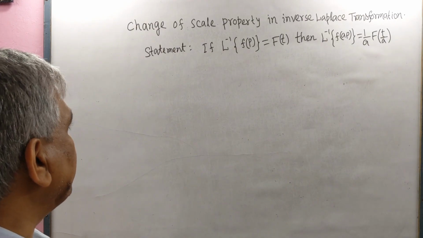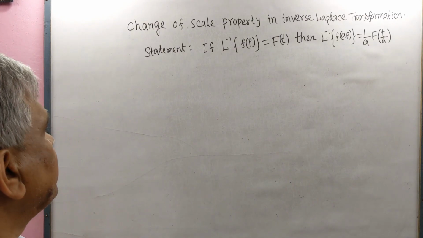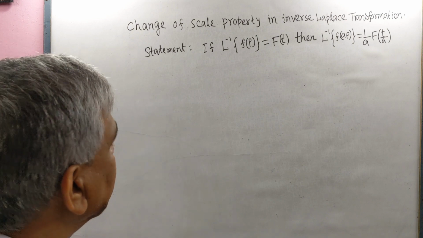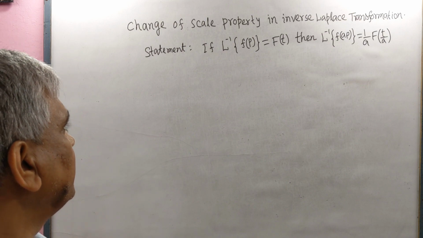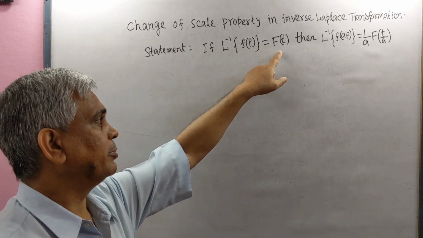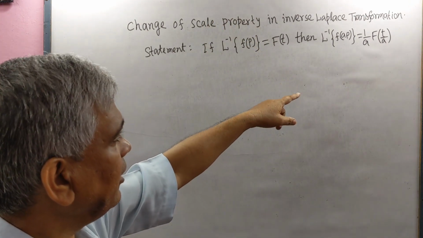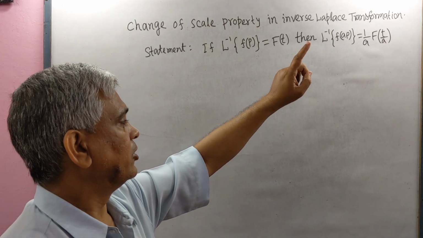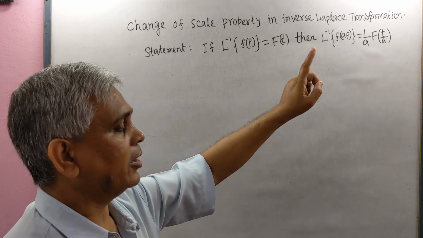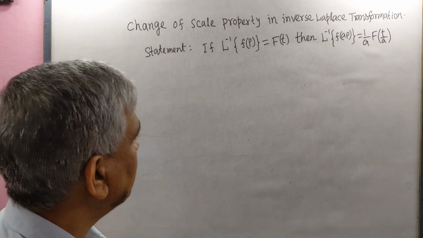Now we shall describe the change of scale property in inverse Laplace transformation. Statement: if L inverse F(p) equal to capital F(t), then L inverse F(ap) equal to 1 by a F(t by a). Prove.